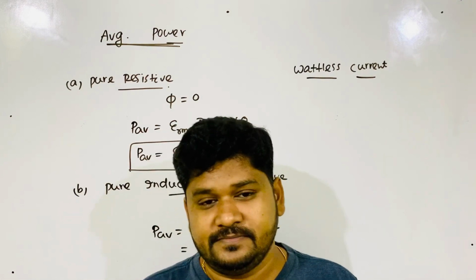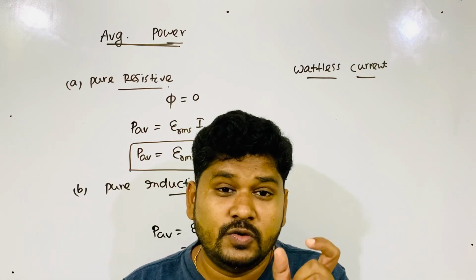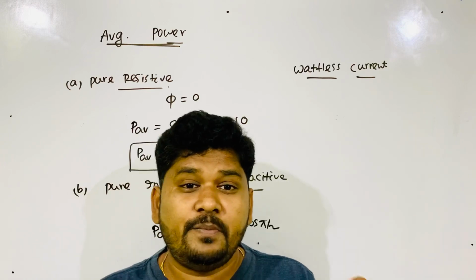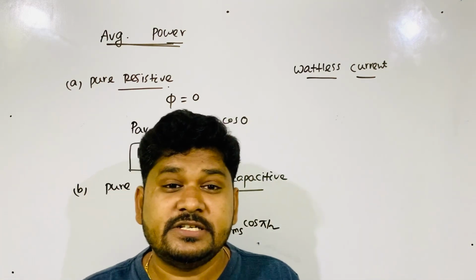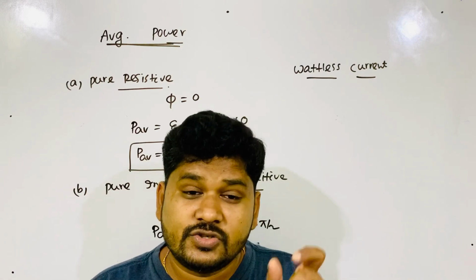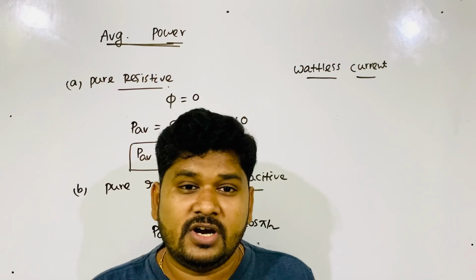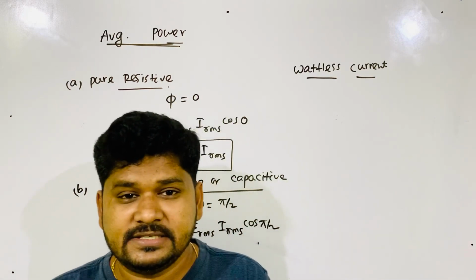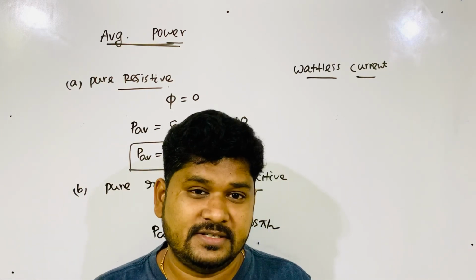One more question. The current for which no power is required. You can write like this: no power is required to maintain current in pure inductive and capacitive circuit. So the current that passes through an inductor or capacitor is called wattless current or idle current.